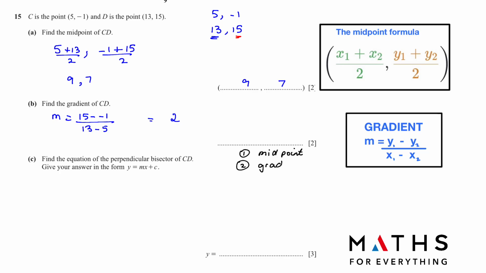We found the gradient, but we will take the negative reciprocal of the gradient. And then we are going to use the formula. You can use either y is equal to mx plus c, if that's what you are learning, or you can use y minus y1 is equal to m times x minus x1.